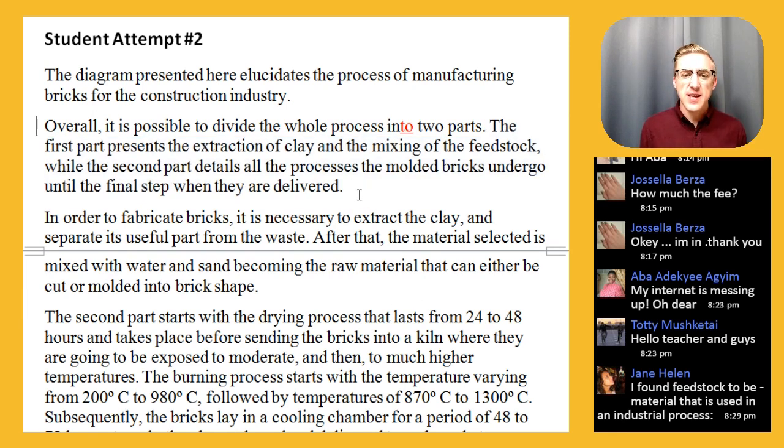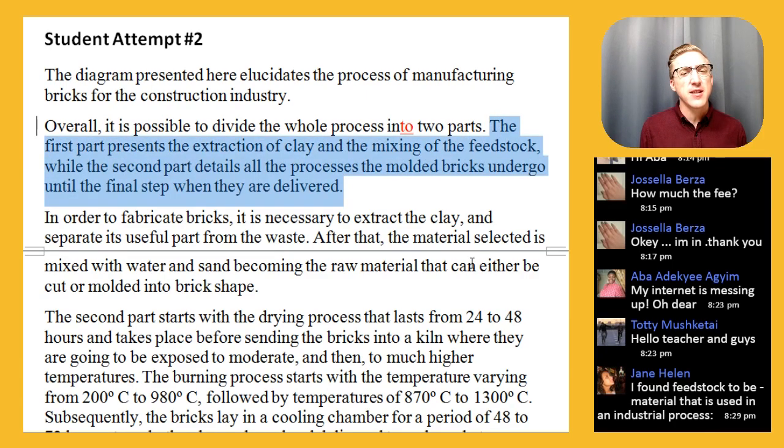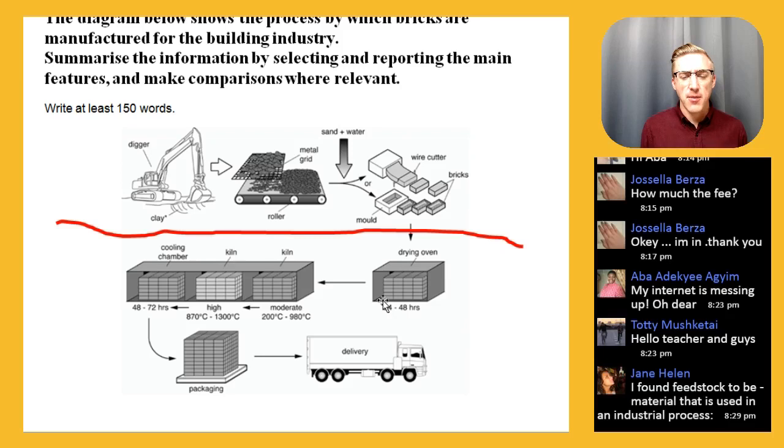So in a way, you want this sentence to maybe take the perspective of the manufacturer and say, overall, the process of turning clay into bricks is quite complicated and involves both molding the bricks and drying the bricks, or molding the bricks and preparing them for delivery.